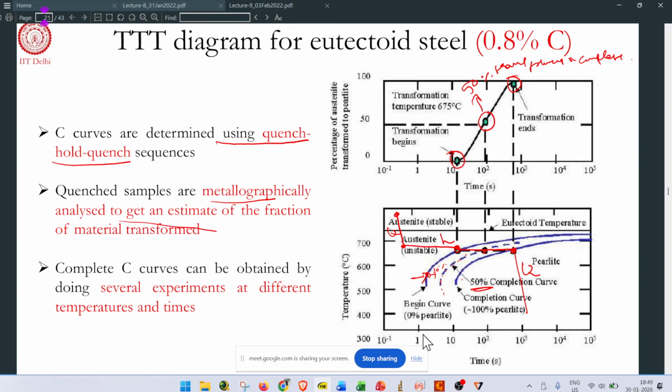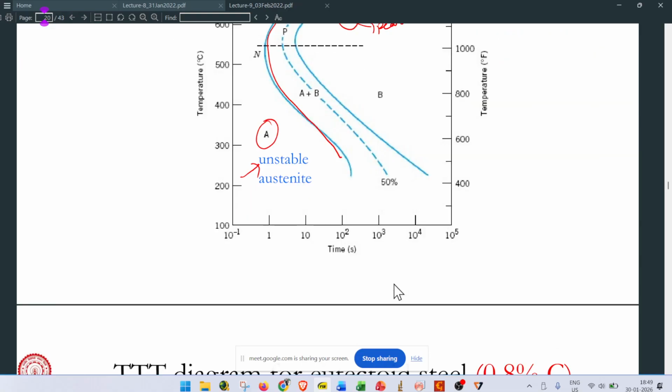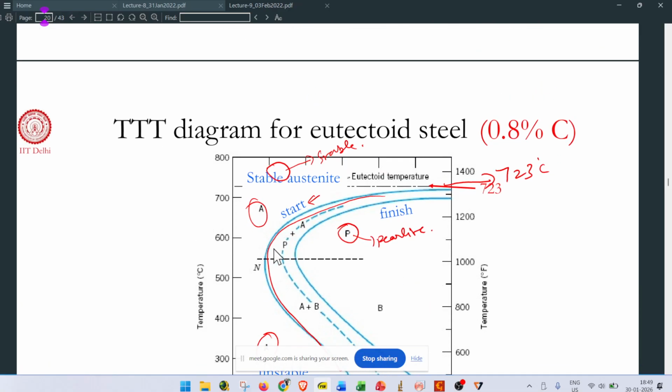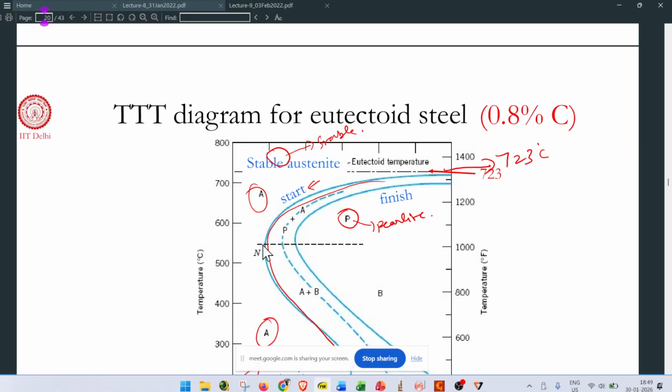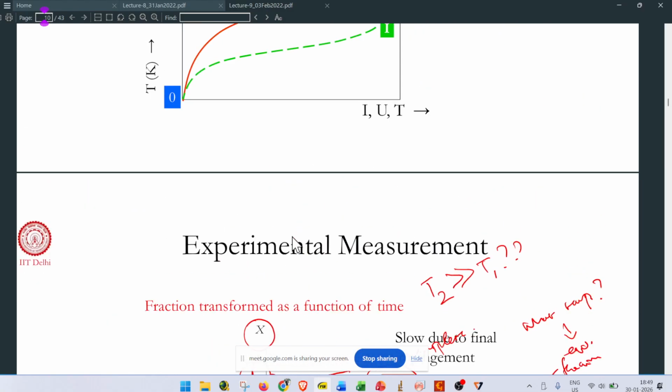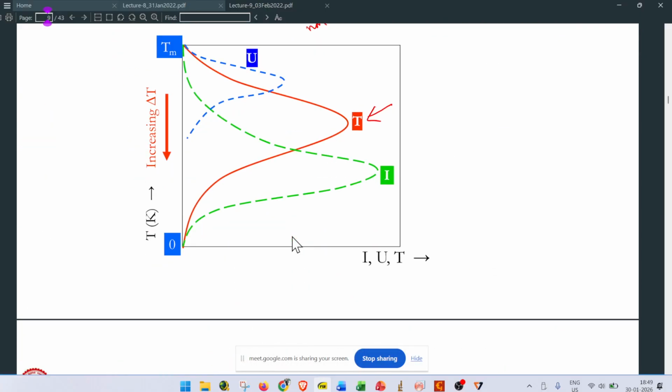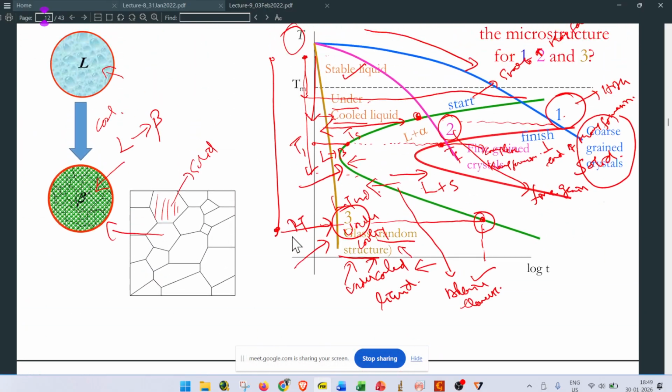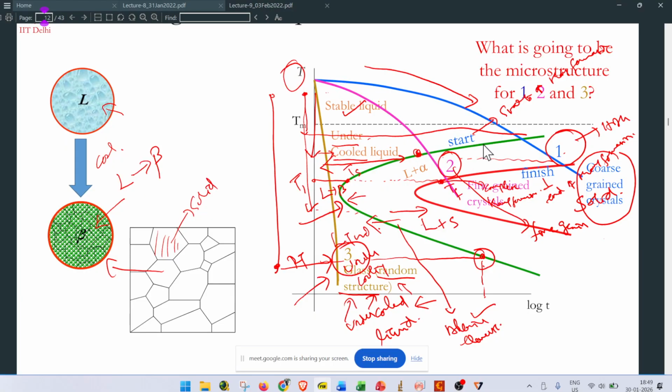So what is the nose point, sir? Nose point is where nucleation will start. Nucleation can be possible only after this; the phase transformation starts here. So it is the starting point of the phase transformation.